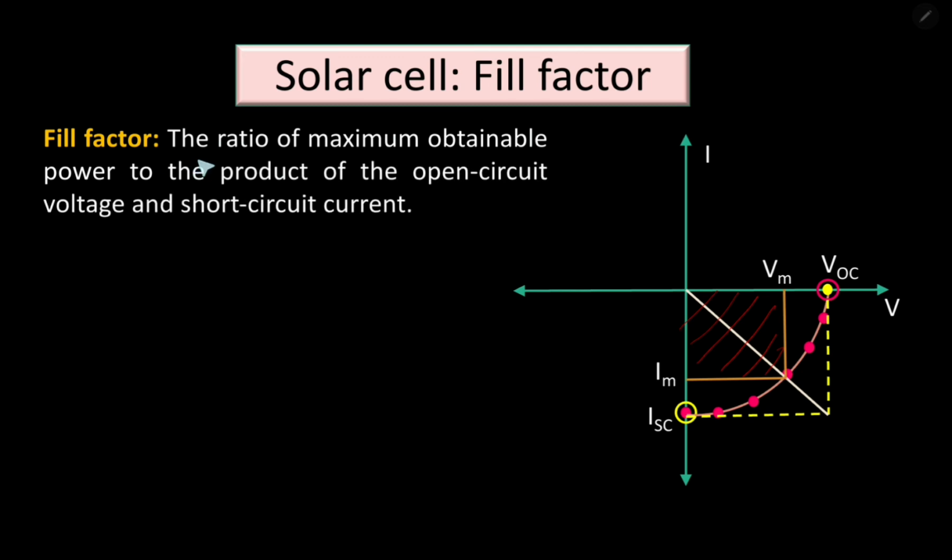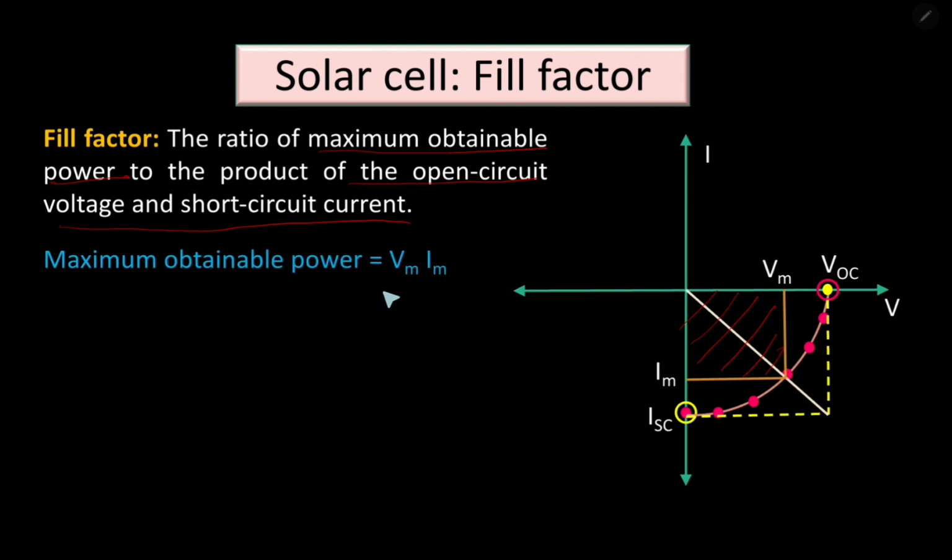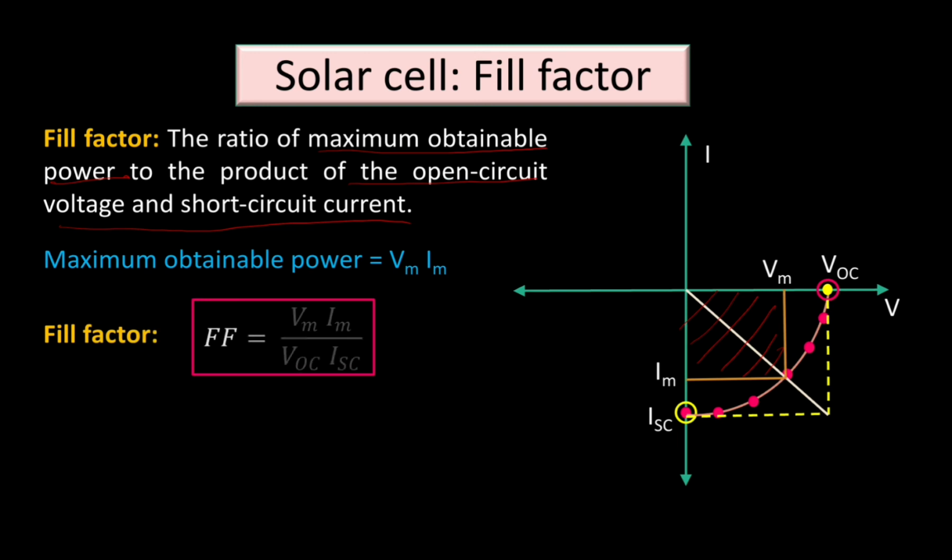So the fill factor is the ratio of maximum obtainable power to the product of the open circuit voltage and short circuit current. So the maximum obtainable power is this one, Vm Im, and hence the fill factor can be written as Vm Im divided by VOC into ISC.